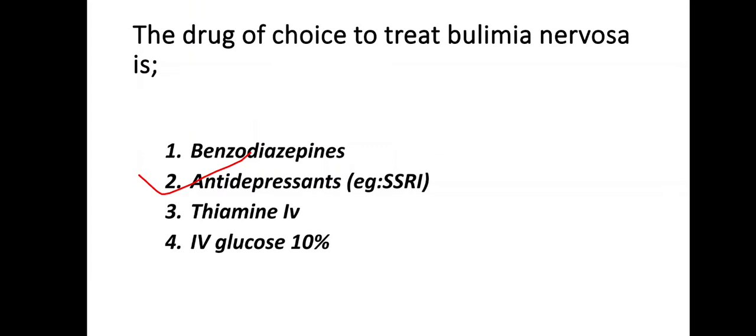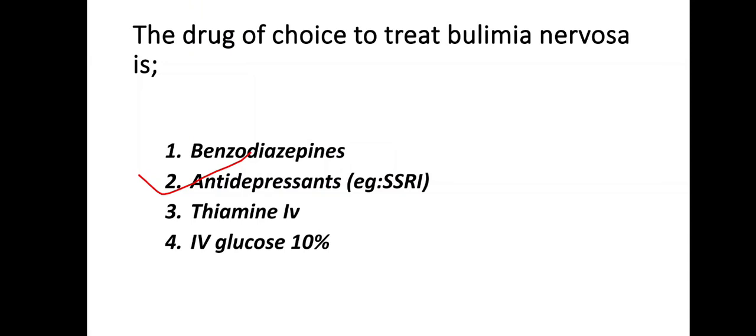Some examples are citalopram, sertraline, paroxetine and fluoxetine. Fluoxetine is the best drug of choice for depression.